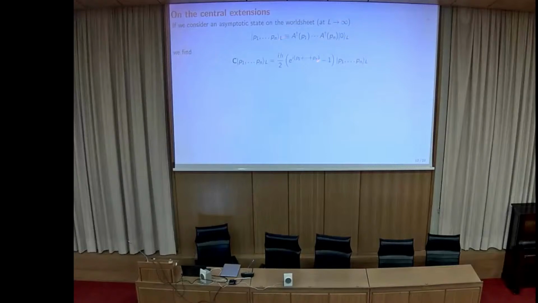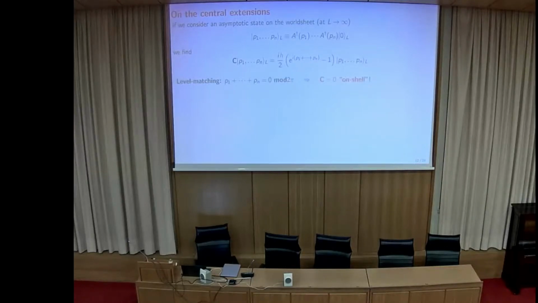Second, for a state on the worldsheet of the string created by a bunch of excitations of momentum p1 up to pn, or if you want of mode numbers n1 up to nn, the central extension is a function of the total momentum of the state.